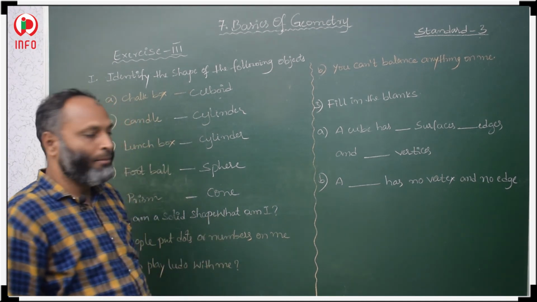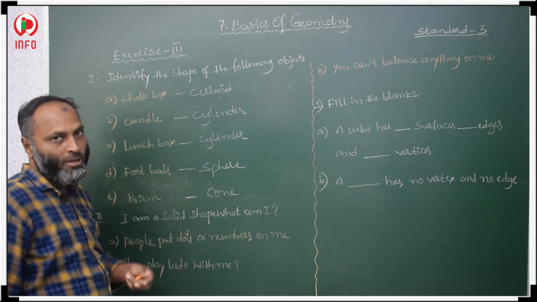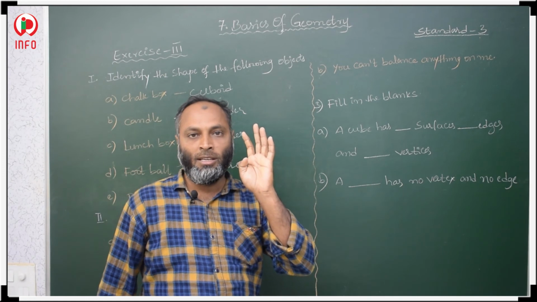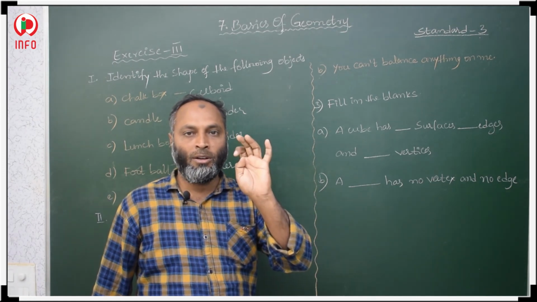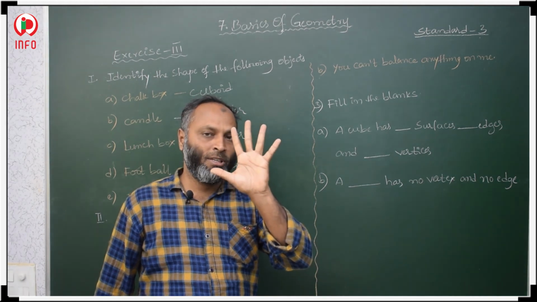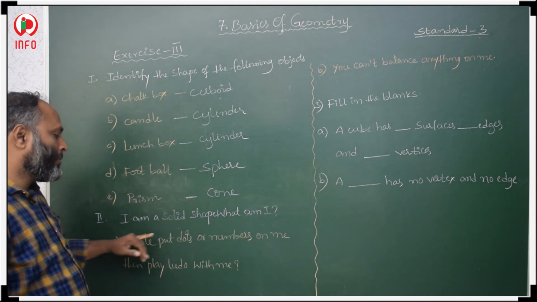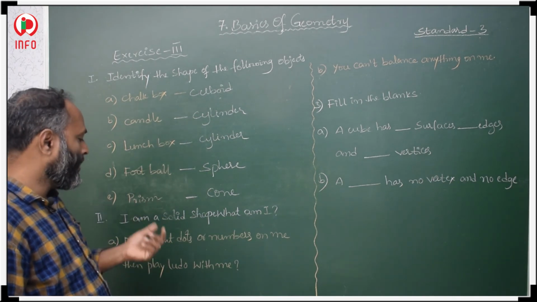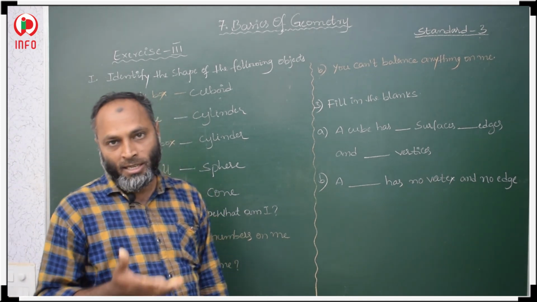Then the second part: I am a solid shape, what am I? About 5 solid shapes we learned: sphere, cuboid, cube, cone and cylinder. The first question: people put dots or numbers on me and then play Ludo with me. That is nothing but a dice.